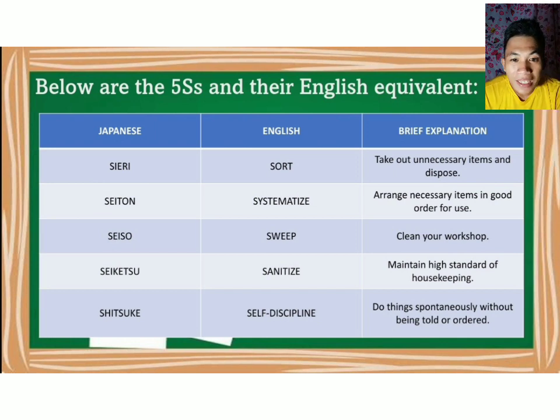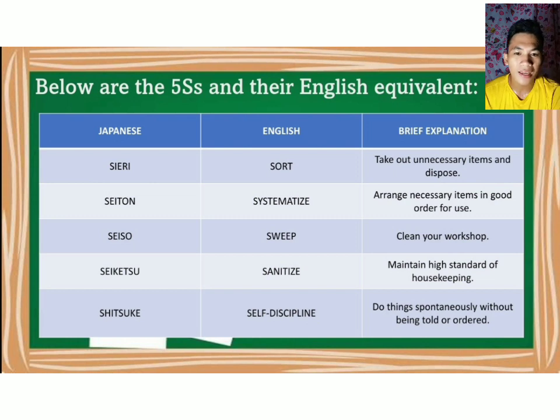And in English terms, seiri means sort, seiton means systematize, seiso means sweep, seiketsu sanitize, and shitsuke self-discipline. So a brief explanation of this 5S.